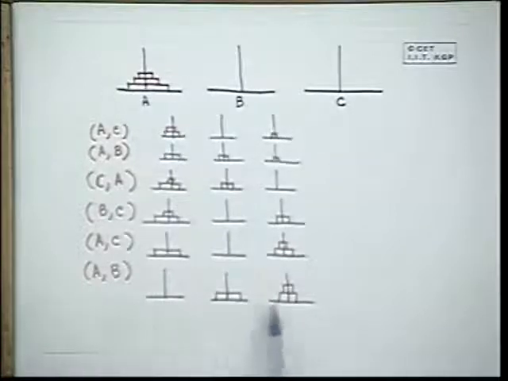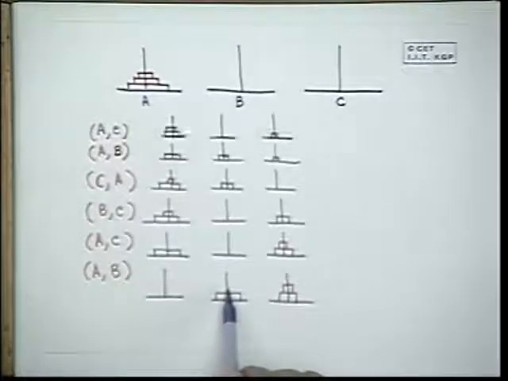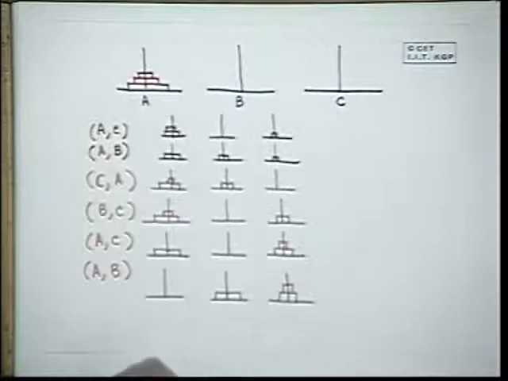But this is very interesting, because at this point I know I can forget about this fellow. All I have to do is move these two here, which is similar to moving two disks from one peg to another, something which we have solved before. Isn't it? Because now I need not touch this one. So I have just to move these two disks back here, for which I have done that problem before.